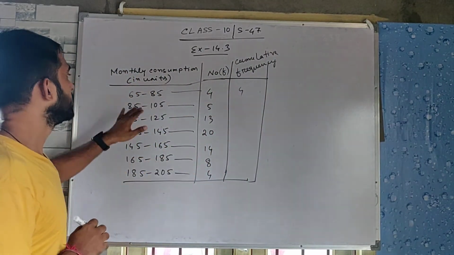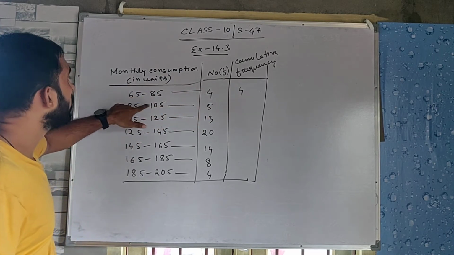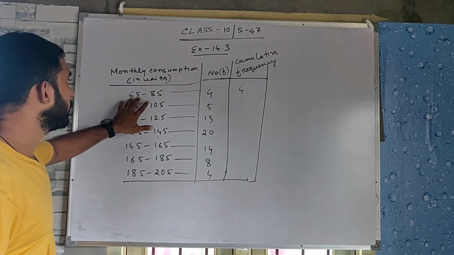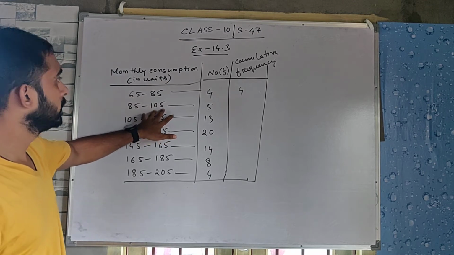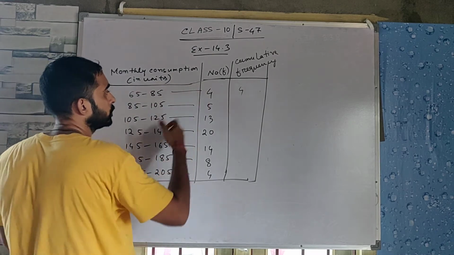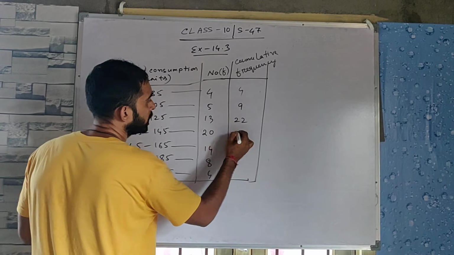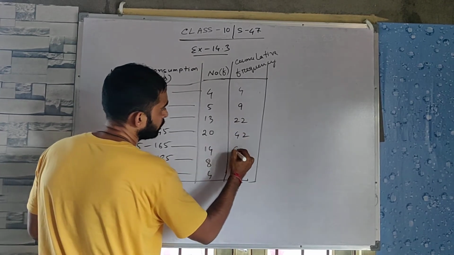For 65 to 85, there are 4. The next one will be 65 to 105. The total numbers are this one and this one; their summation is 4 plus 5, 9. 9 plus 13, 22. This one 42. This one 54.